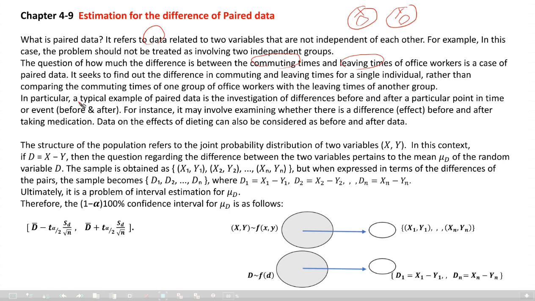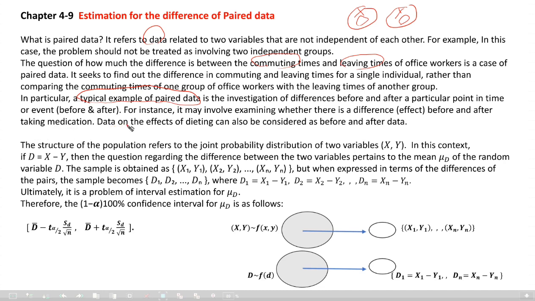In particular, a typical example of paired data is the investigation of differences before and after a particular point in time or event, which we call before and after data. For instance, it may involve examining whether there is an effect before and after taking medication.